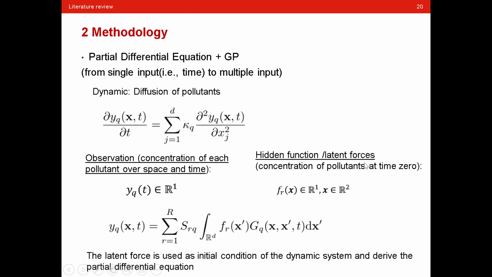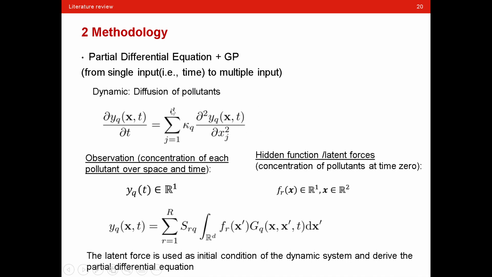The last example utilizes a partial differential equation with a Gaussian process. The dynamic model here is about the diffusion of protons. This process is described by this partial differential equation.